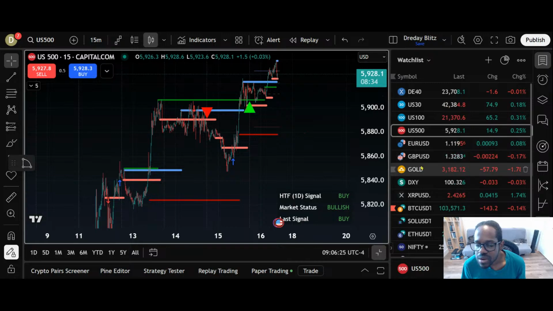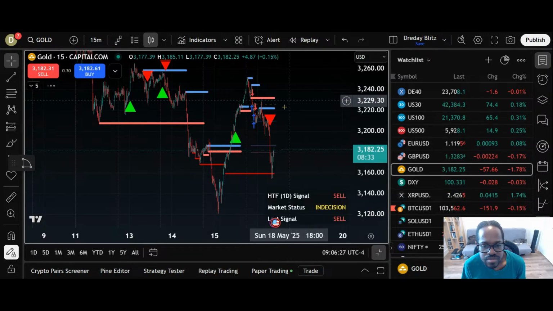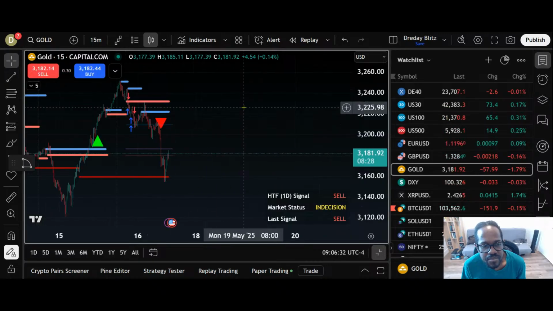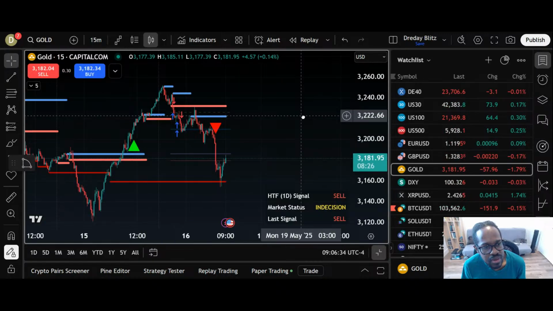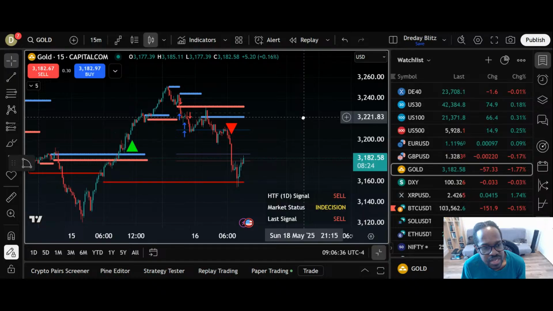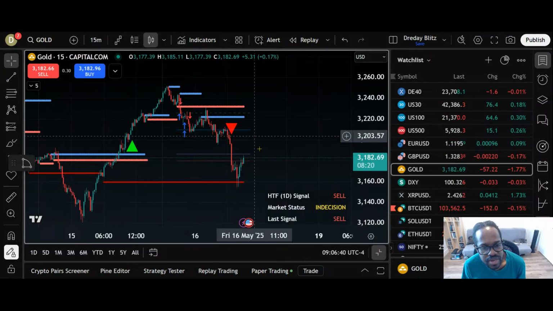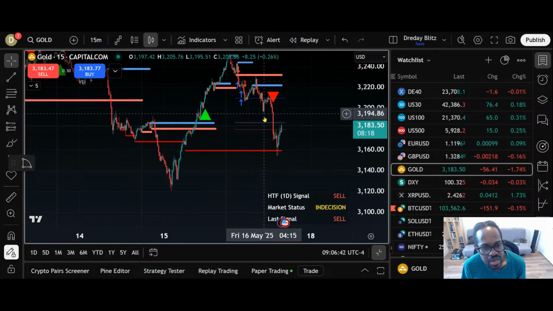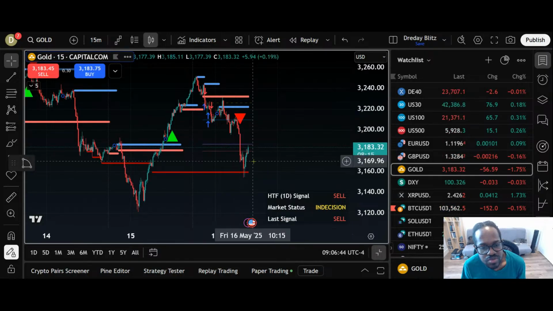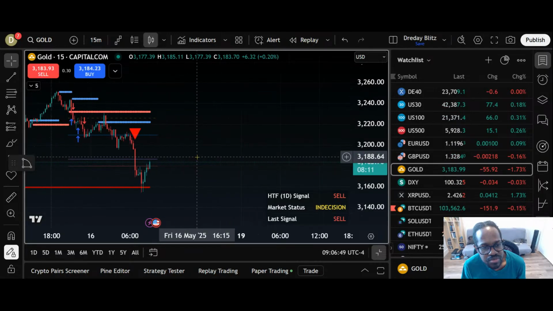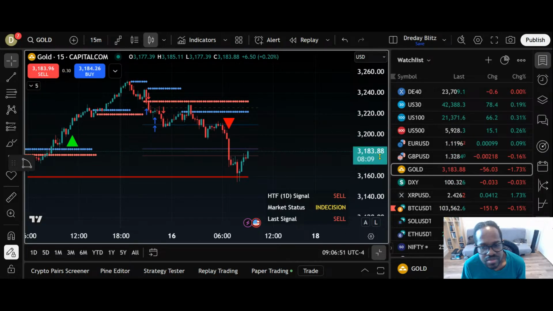Then we had the gold. Gold in the Asian session started to break down here, and it went back to previous levels, and it was a big sharp drop.